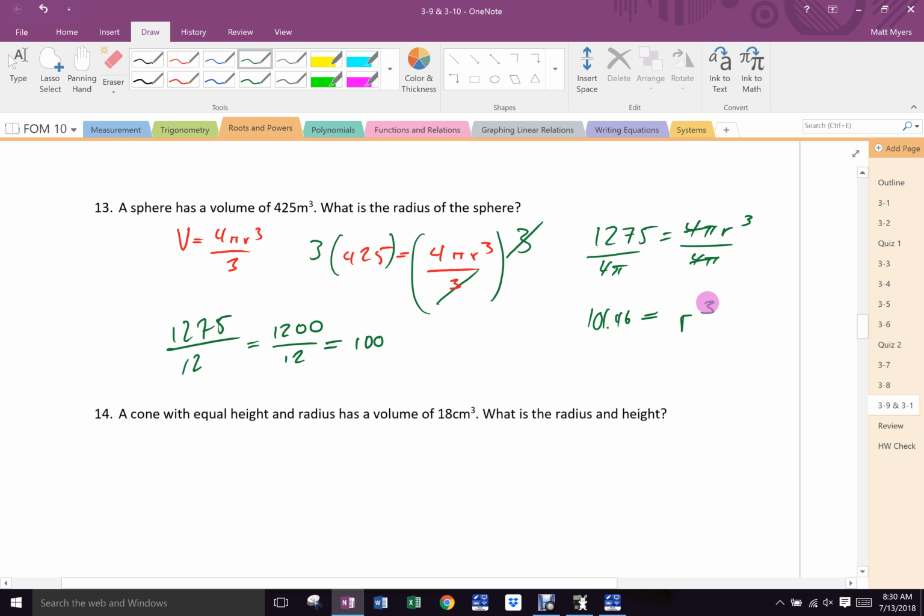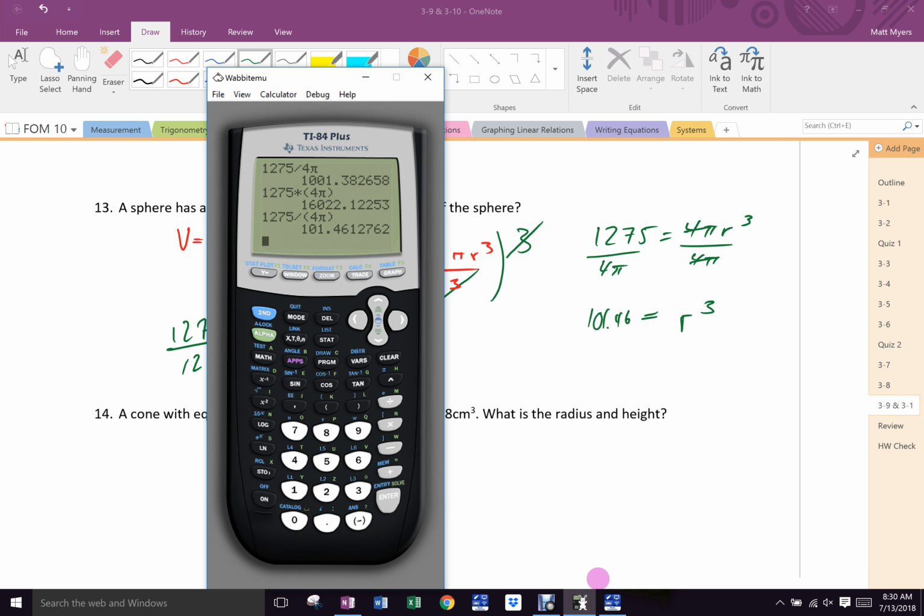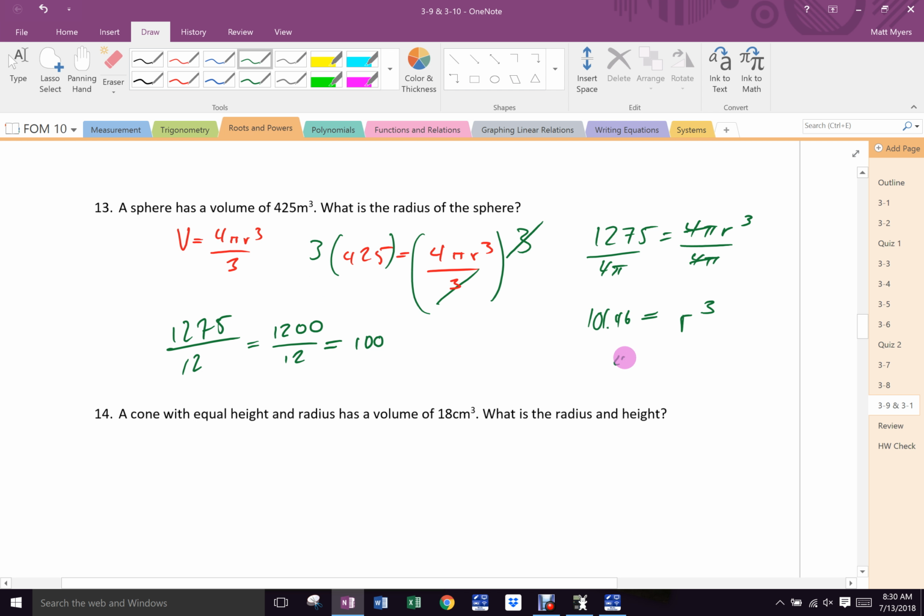How do I get rid of a cube? Cube root. So I go back to my calculator. For me, I have to go math, cube root, answer, because it's my last answer, enter. And I get 4.7 equals R. Now, what am I testing you on here?